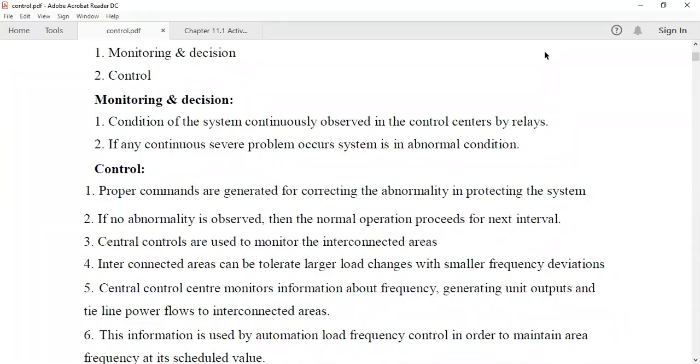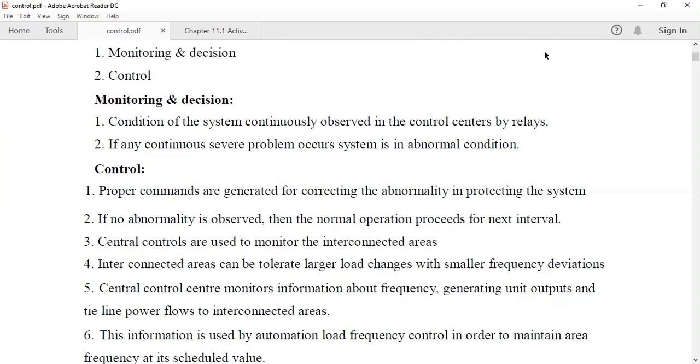Central control centers monitor the information about the frequency, generating unit outputs and the tie line power flows to interconnected areas. So the central load dispatch center or even the regional load dispatch centers continuously monitor the generating unit outputs at a particular instant, as well as the loads at that instant and the tie line power flows.